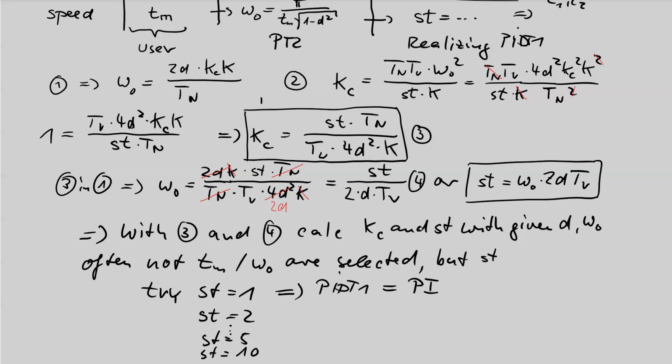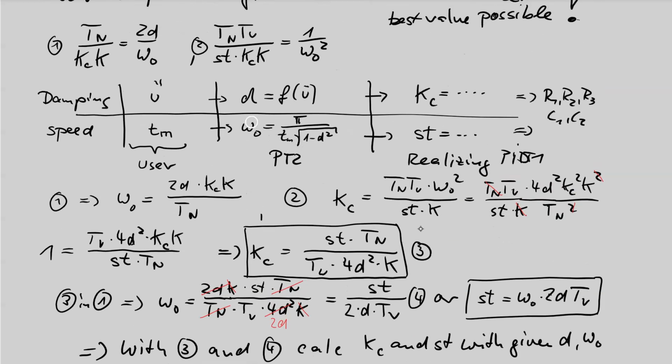Then I will show you if realizable. You have to know that the larger the step depth, the larger the speed. The step depth value is a direct, here you see this, the omega naught is proportional to step depth.